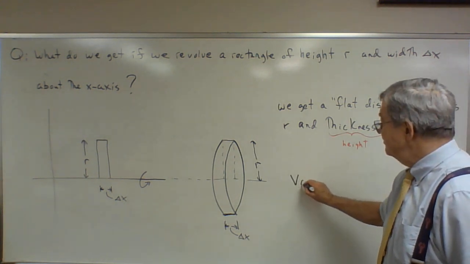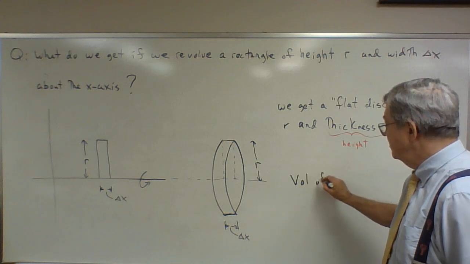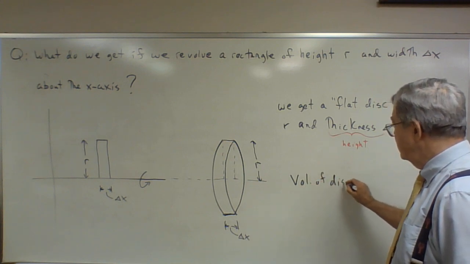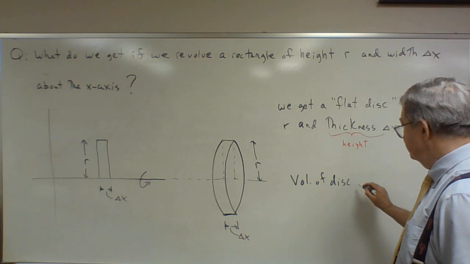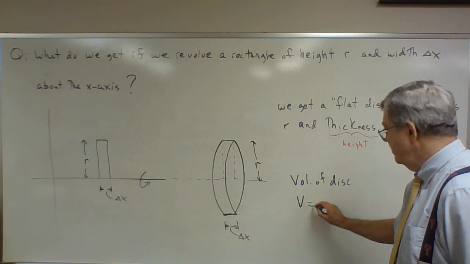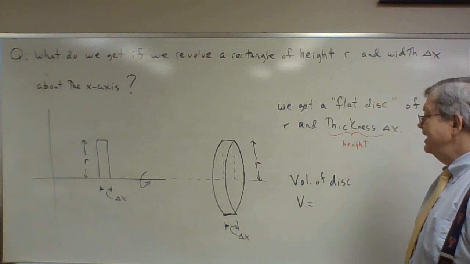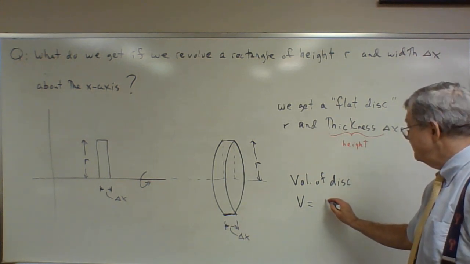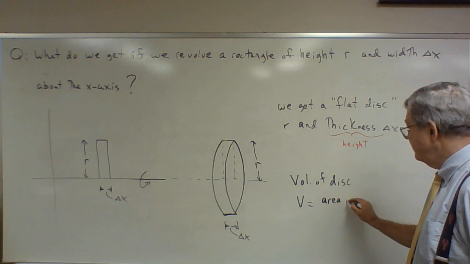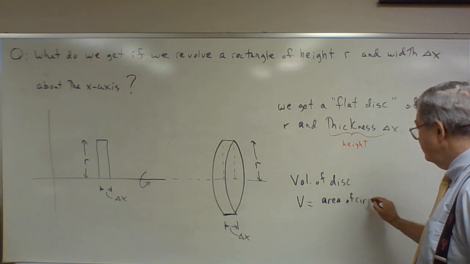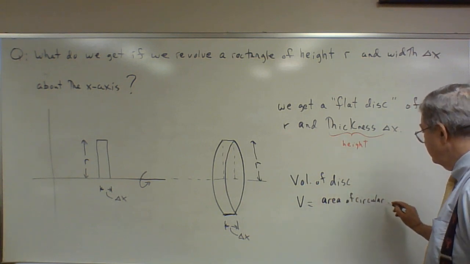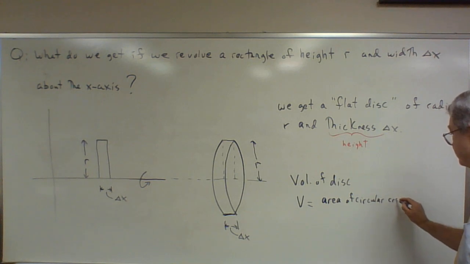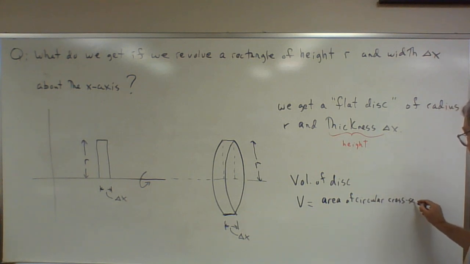Now the volume of the disk is going to be the area of the circular cross-section times the height.